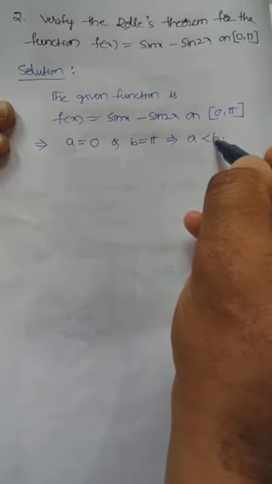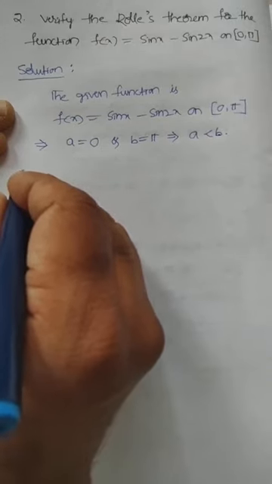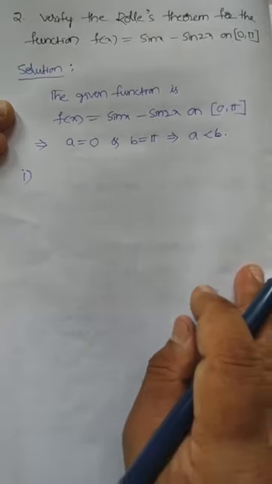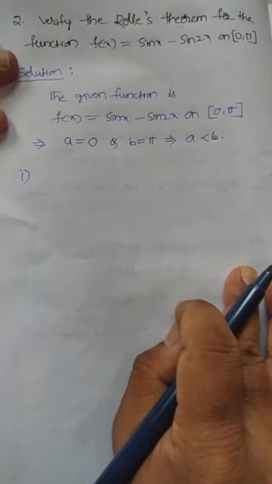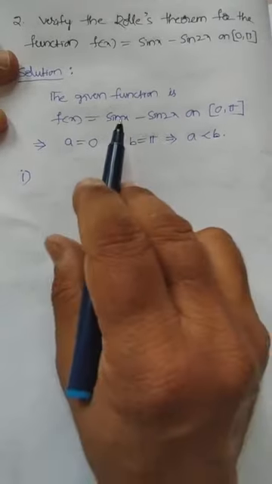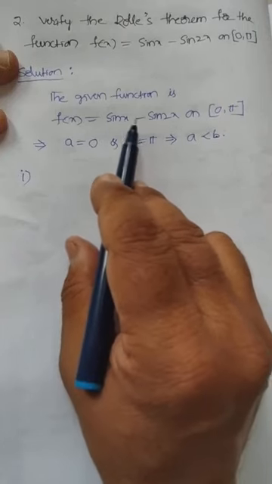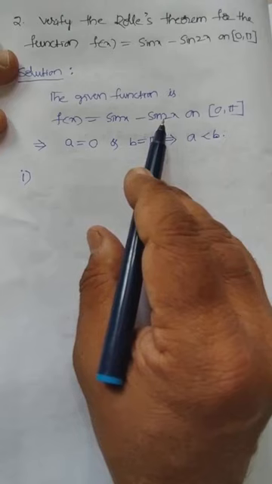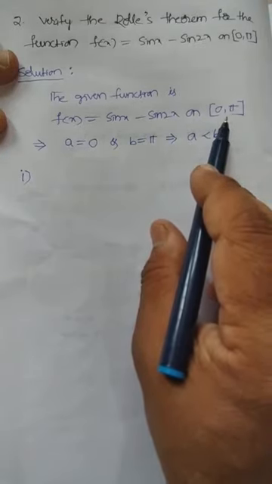So up to our condition now. What is our first condition? f of x must be continuous on closed interval a comma b. What is our f of x? Sin x minus sin 2x. Since it is a trigonometrical function, f of x must be continuous on closed interval 0 to pi.